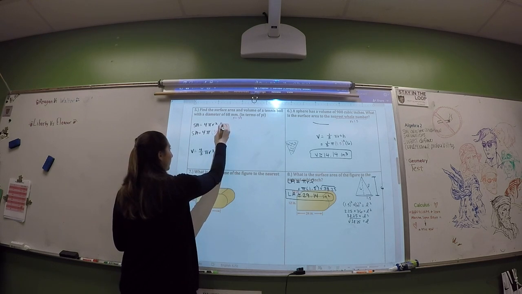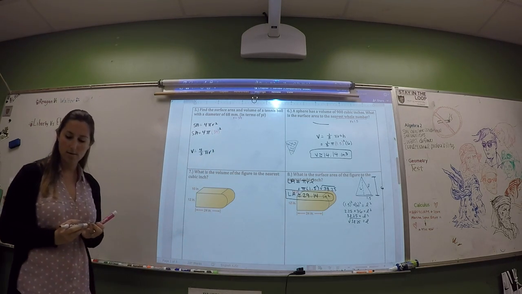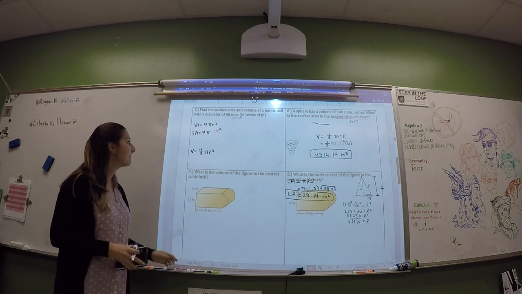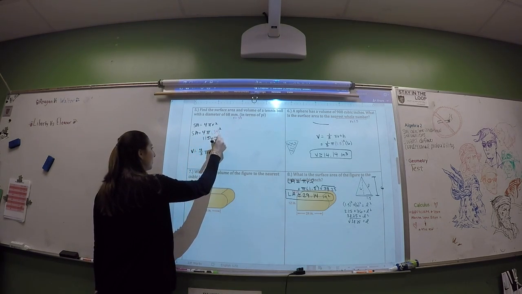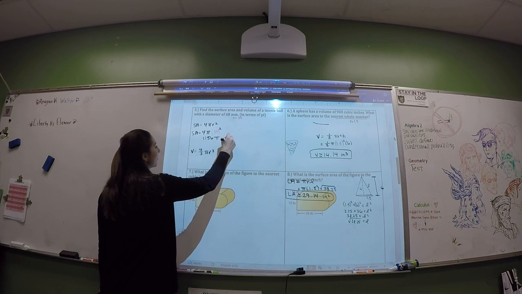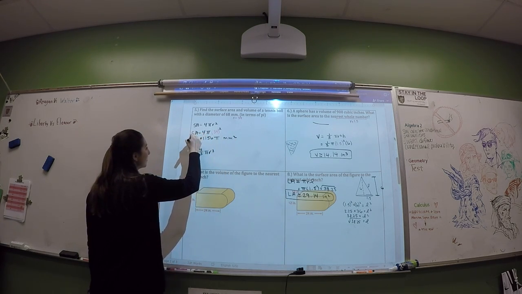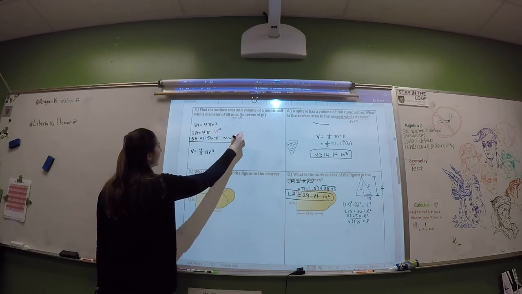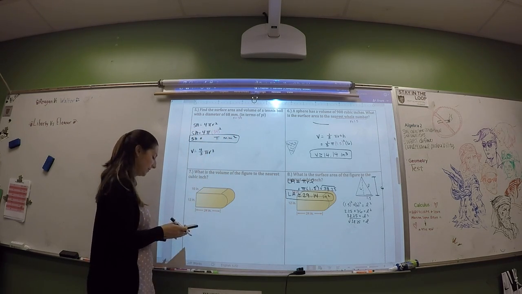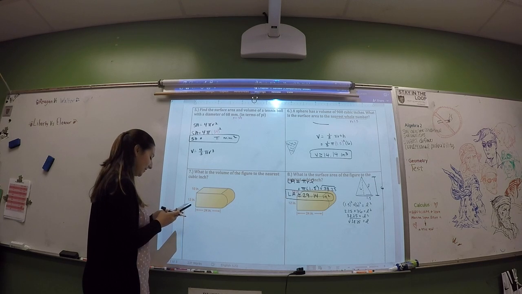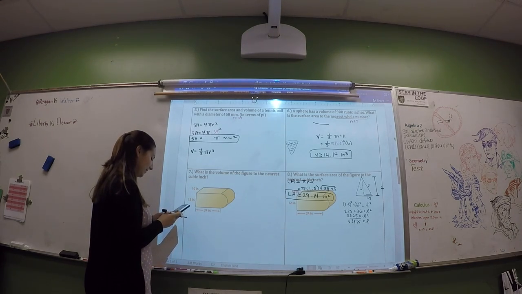So square 34 and multiply it by 4. It's 1,156. Wait, no, that's just 34 squared. Oh, just kidding, multiply by 4. Sorry, that's 4,624. Good eye, Nate.